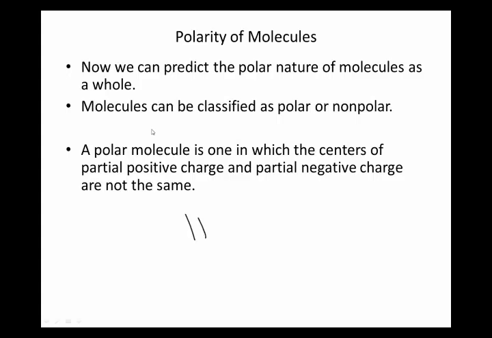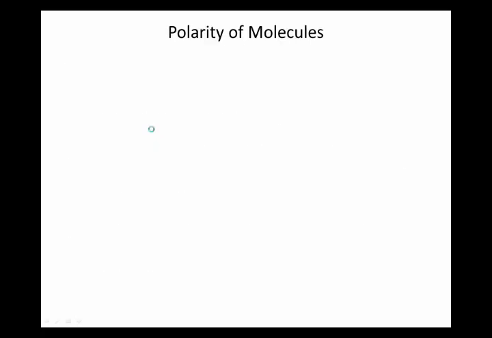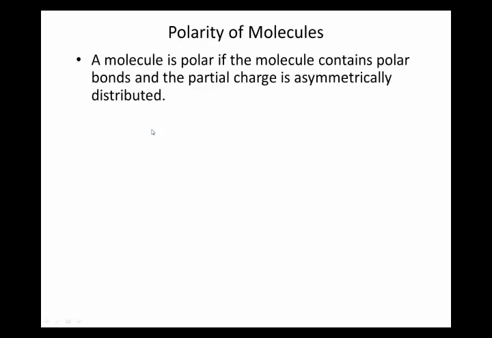Just like we defined this bond as being polar because there's a negative end and a positive end, you can have a whole molecule that has a positive end and a negative end. If it has a positive end, it must have a negative end. So here's how we figure it out.